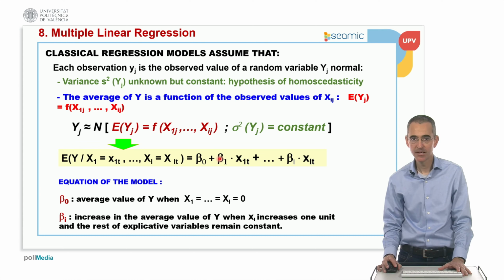For example, beta 1: the average increase of the y when x1 increases 1 unit and the rest of explicative variables remain constant. That is important. Mathematically, that would be equivalent to the partial derivative. If I take the partial derivative of this equation with respect to x1, that would be beta 1.